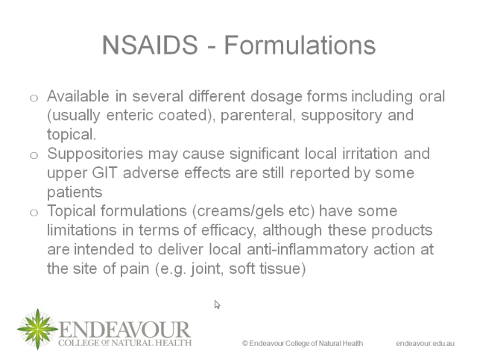So they will come in an enteric coated form, or they may be parenteral suppositories, or like Voltaren might be a topical administration. Suppositories, though, will have their own adverse effects. Topical formulations have limited efficacy. They don't tend to have any delivery to the joint itself, and so aren't actually anti-inflammatory at the site of the pain.